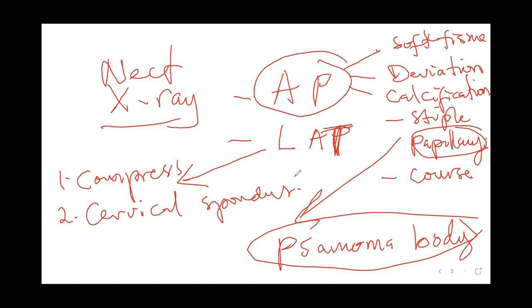With compression of the trachea, this lateral X-ray is very important for the anesthetist so that they can plan for intubation of the patient. If there's compression of the trachea and cervical spondylosis, the anesthetist will anticipate a difficult intubation, so they have to make proper preparation for intubation of the patient.